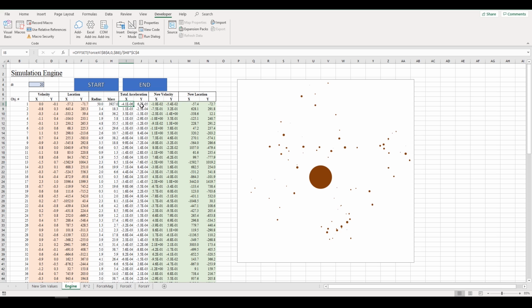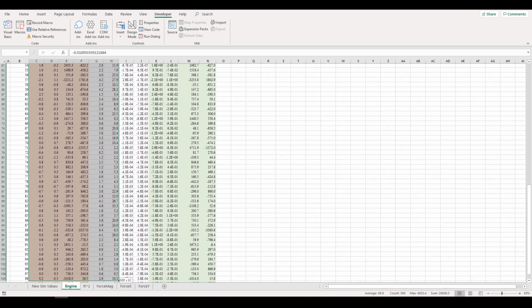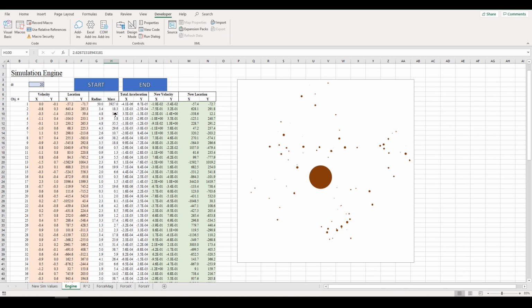And then based off this information, looking at all 100 of these guys, we can work out what is the total acceleration that any of these objects has in either the vertical direction or the horizontal direction. So the Y or the X, or should I say X or Y, right?